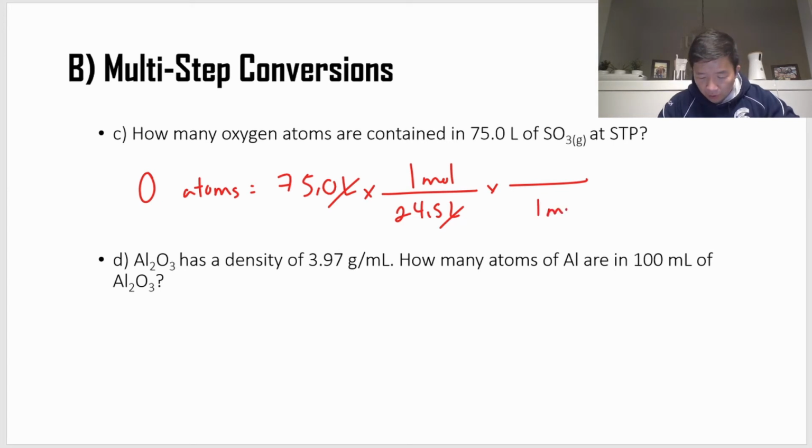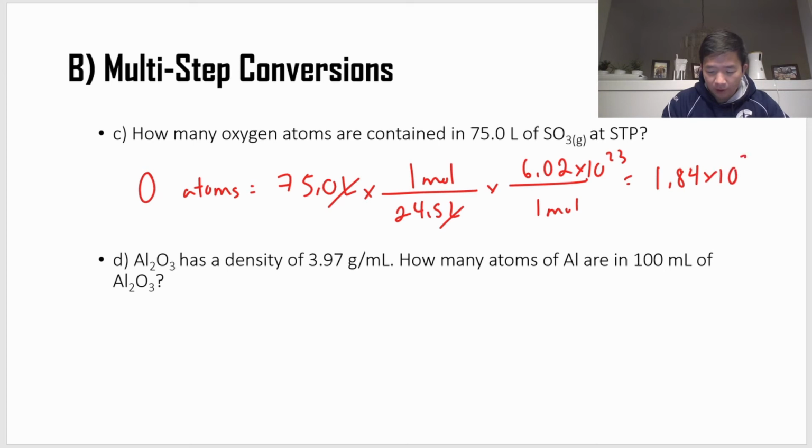So at 1 mole, I have 6.02 times 10 to the power of 23. Let's do the math. And I get a giant number of 1.84 times 10 to the power of 23 atoms.